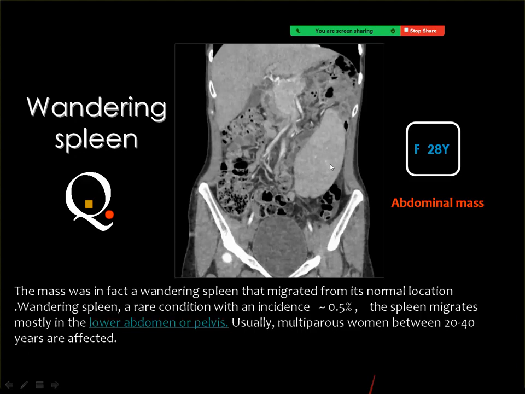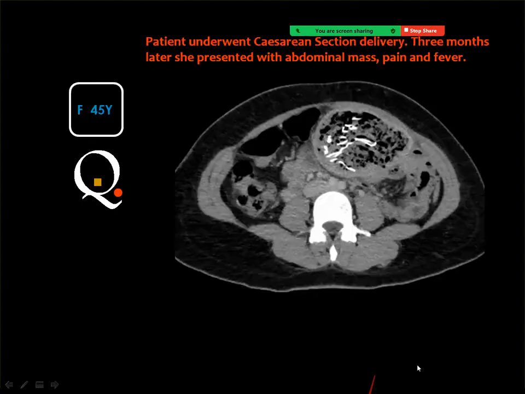Frequently, it lies transverse in the pelvis with its hilum facing downward, and sometimes there is rotation around the splenic pedicle, resulting in what is known as splenic torsion or total splenic infarction.